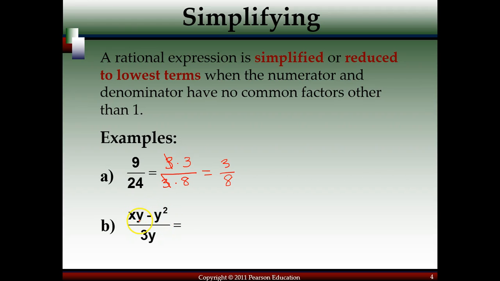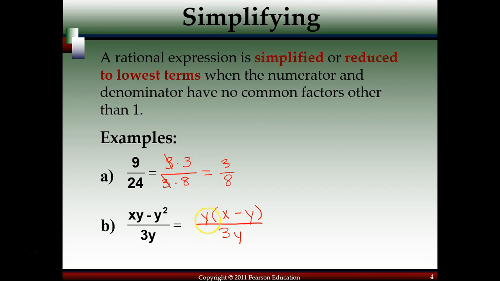There's a y in this term, and there are two y's in this term. So factor out a single y, and what you have left over is x minus y, divided by 3y.